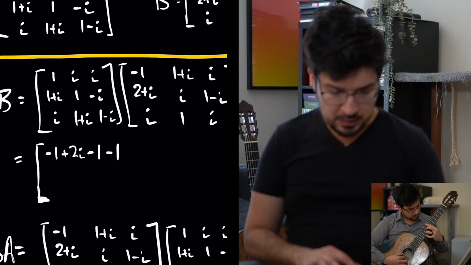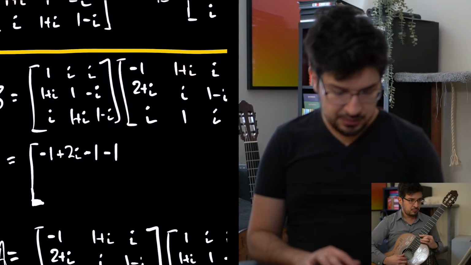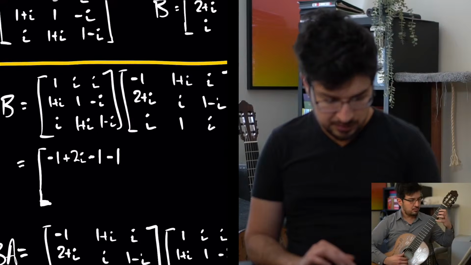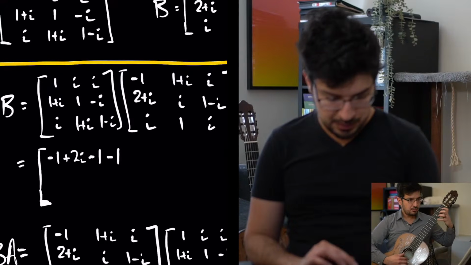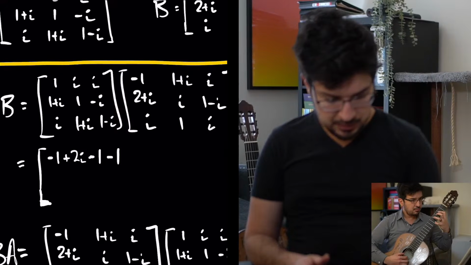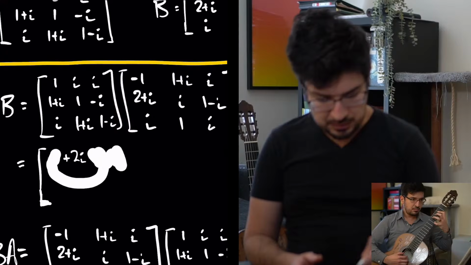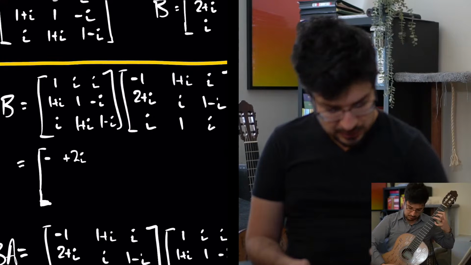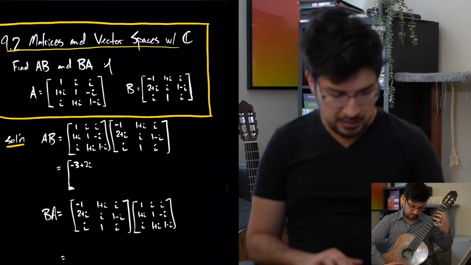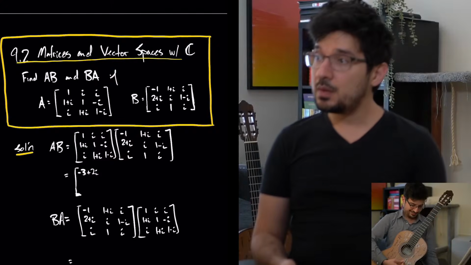So I'm taking the dot product of the first row and the first column, so negative 3 plus 2i in that first entry.